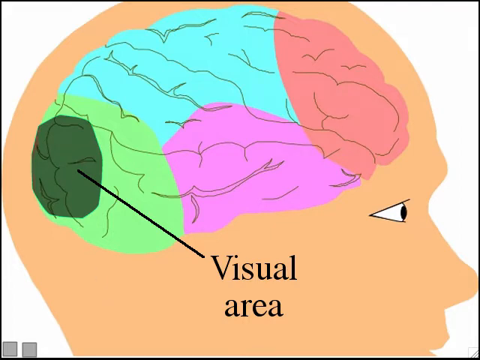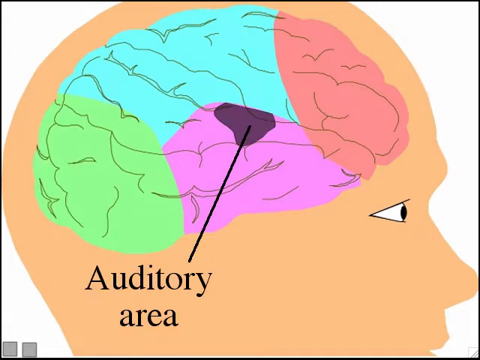And it's when the visual area receives those nerve signals that allows you to experience being able to see stuff. All right, and here's another example. There's an area of the cerebrum called the auditory area, and that area receives the nerve signals from your ears. And so when it receives those nerve signals, that allows you to experience the sound. That's how you essentially hear the sound.